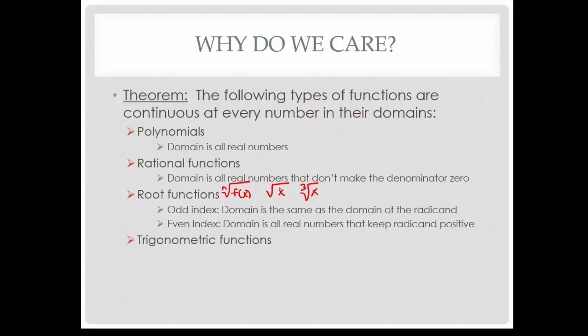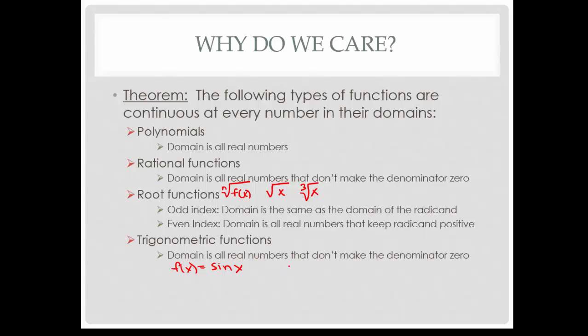So the domain for a root function with an even index is going to be all real numbers that keep your radicand, what's under your radical, positive. And then the domain of trig functions depends on which ones you're looking at. The domain of a trig function is going to be all real numbers that don't make your denominator equal to 0. So if you're dealing with something like f of x equals sine x, it doesn't have a denominator other than 1, so its domain is all real numbers.